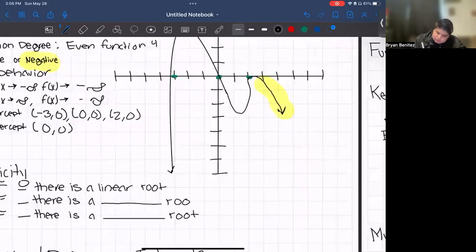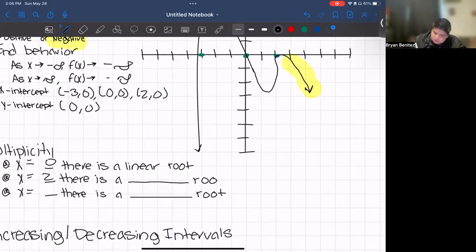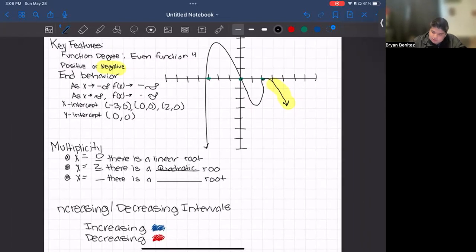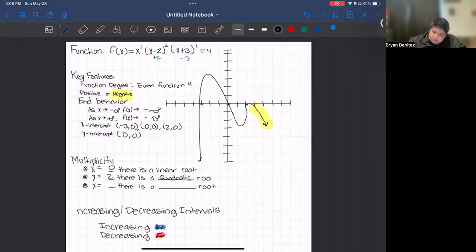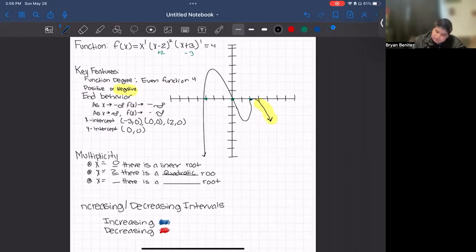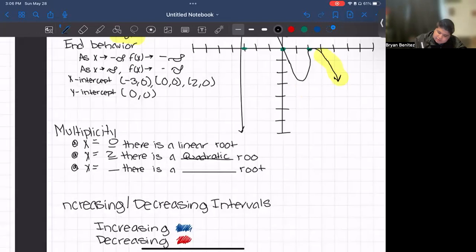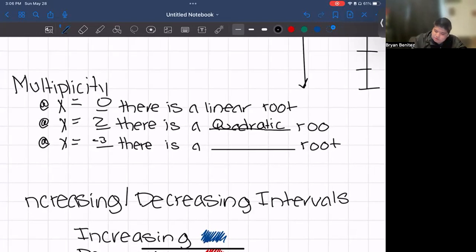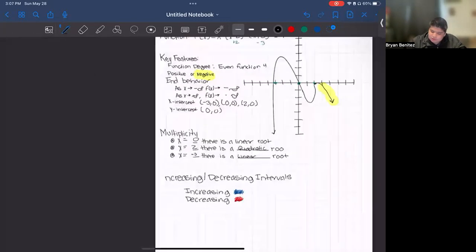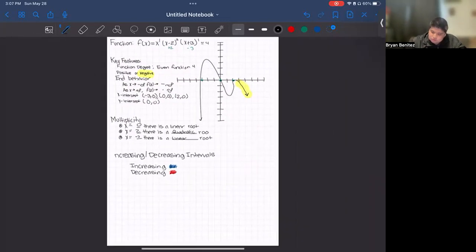We can put x equals 2, and there is a quadratic root. And then we can tell that there is a linear root on negative 3, so we can put x equals negative 3, and there is also a linear root. Okay, and then we can find our increasing and decreasing intervals.